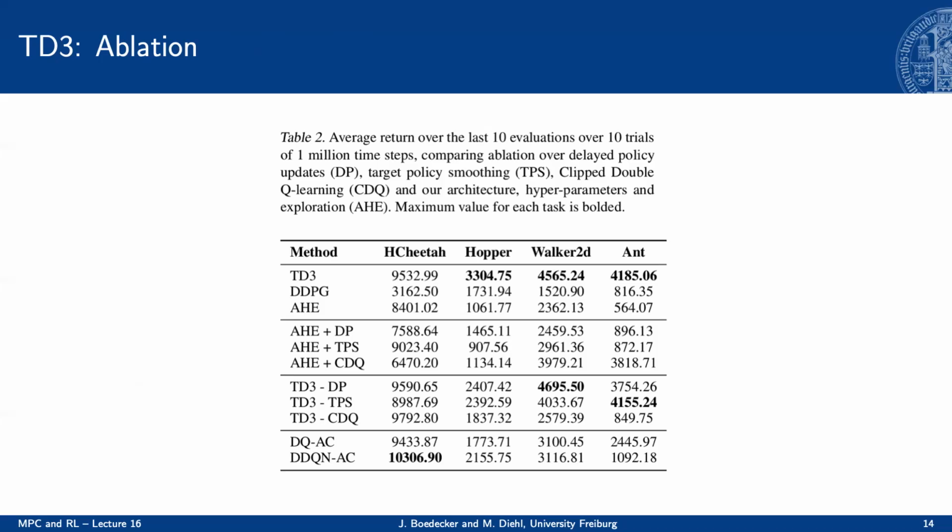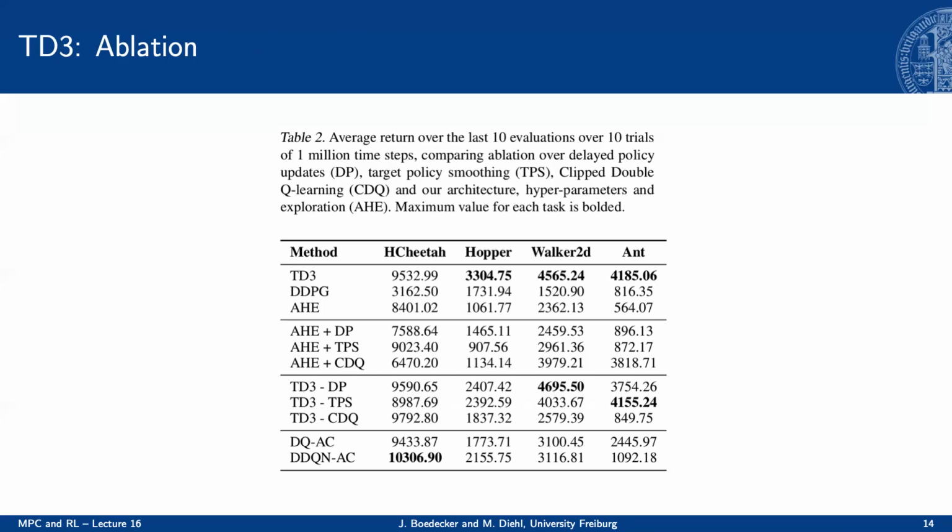Sorry, I don't remember this AHE, but in any case, you can see the difference of TD3 over just DDPG, and it's quite a bit better in many of these continuous control tasks in the MuJoCo simulator or in OpenAI Gym using it.